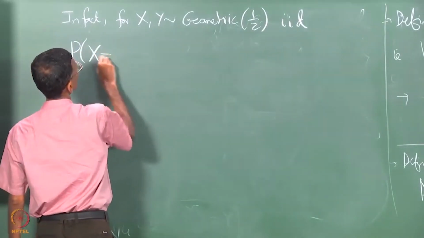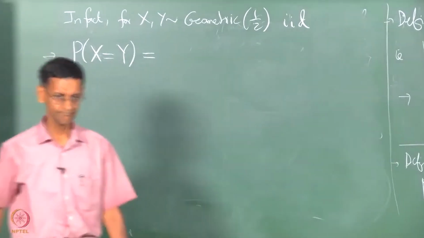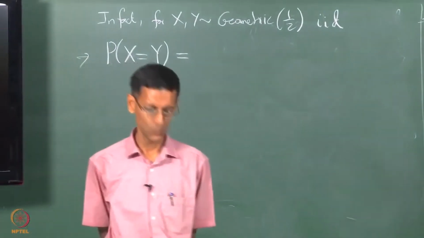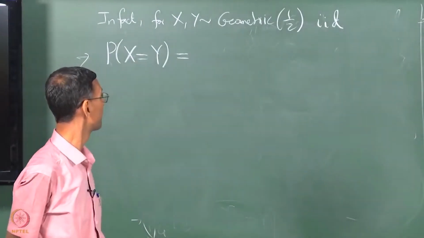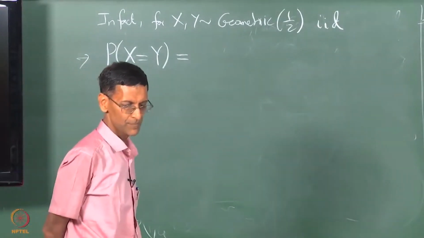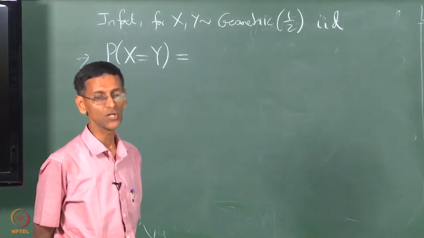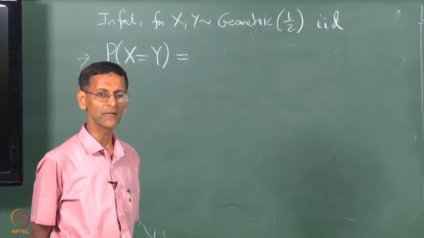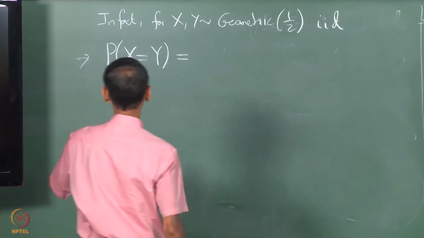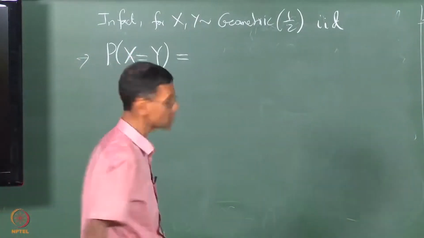So what is the probability that x equal to y? If somebody asks you this question, what would you say? How do you write this out? We are only looking at an event here. We are not looking at a random variable in the sense that you can write an indicator random variable for this, but that does not help you find the probability. So you have to actually find it.